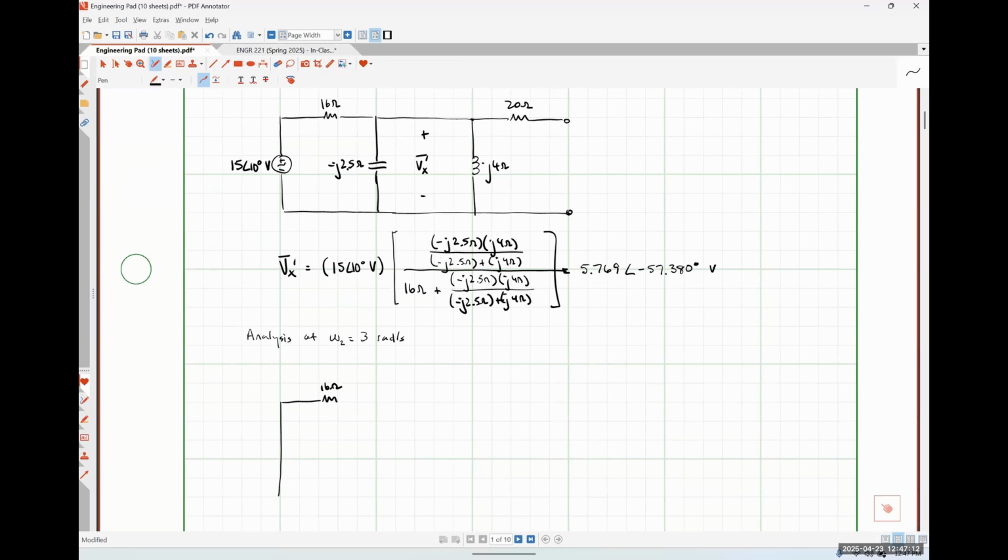And because we're at a different excitation frequency, the impedance of our capacitor and the impedance of our inductor are now going to be different. So this is why we have to use superposition, because these impedances are frequency dependent, and since we've got 2 different frequencies, we can't have our capacitor and inductor look like 2 different impedances at the same time.